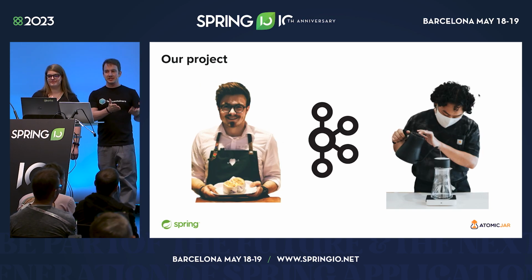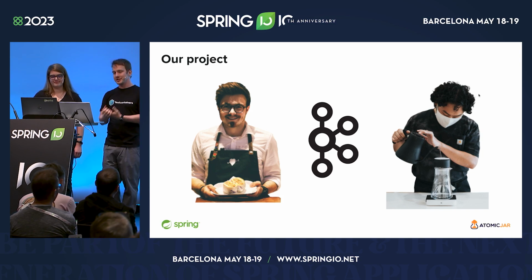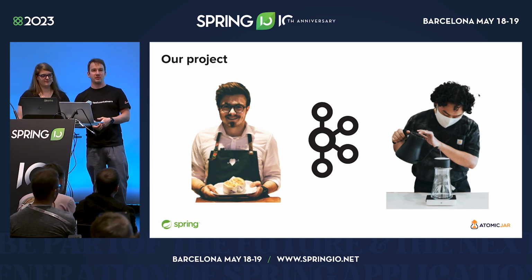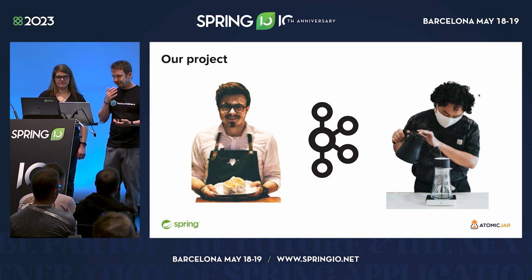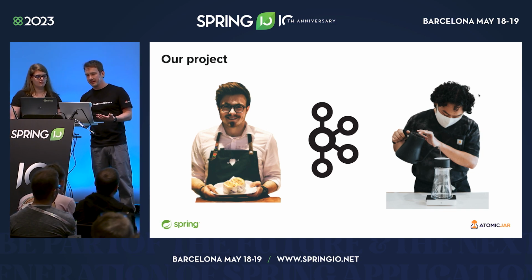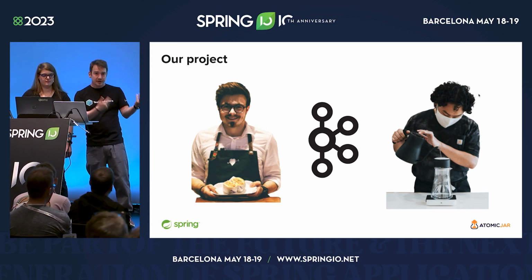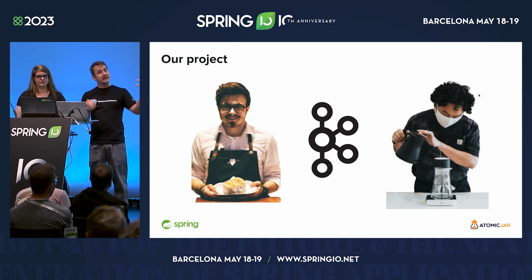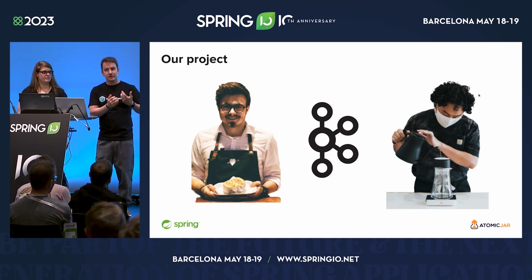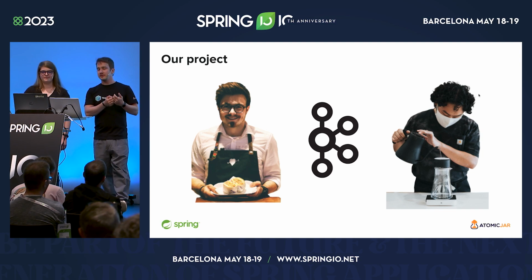Our sample project here is a coffee serving application. There are two microservices, a waiter and a barista, which is the server, and they communicate via Kafka. The waiter offers the HTTP endpoints for ordering coffees and then sends messages to Kafka. The barista gets the messages from Kafka, produces the coffee, and puts the coffee servings back into Kafka.